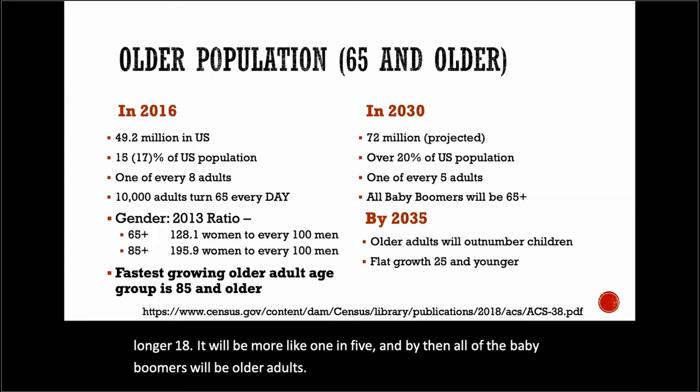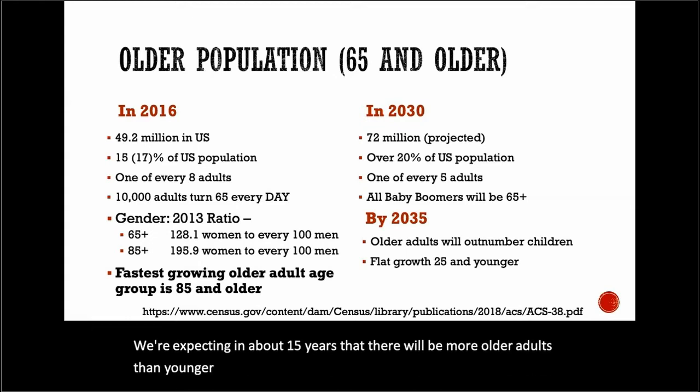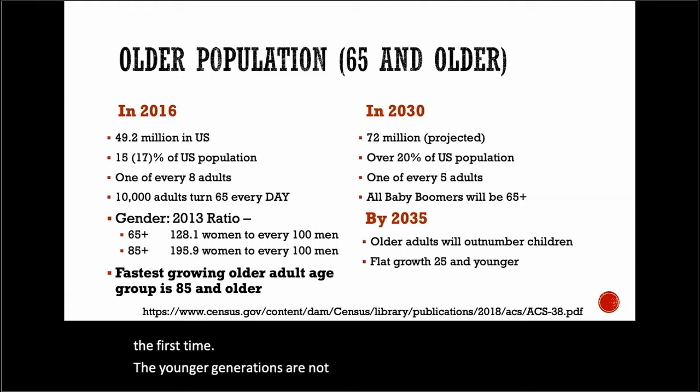We're expecting in about 15 years that there will be more older adults than children in the United States, and it will be the first time. The younger generations are not growing as fast as they once did.